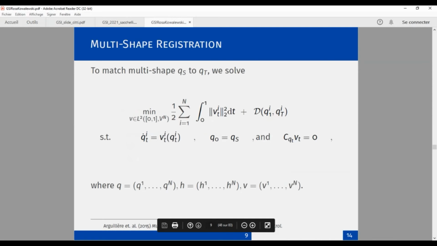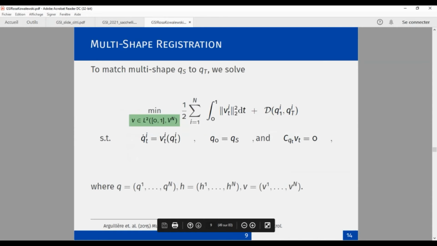So this idea was formalized by Sylvain Aguillier in the multi-shape registration problem. Here we consider a multi-shape of n subshapes. So we minimize over the set of n time-dependent vector fields the energy functional, which consists of a regularity term and a data term, where the regularity term is the sum of the kinetic energies, and the data term measures the similarity of the deformed subshape Q at time 1 and the corresponding target subshape.